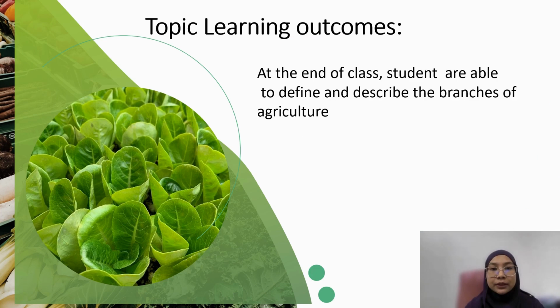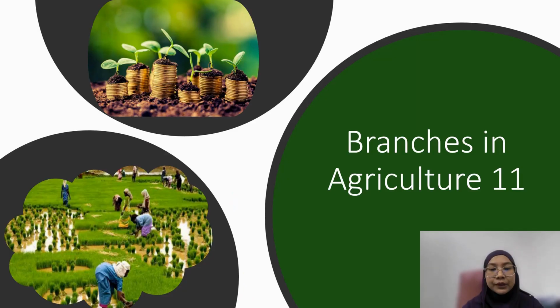So for this topic learning outcome, at the end of the class, students are able to define and describe the branches of agriculture 2. In the previous module 2B, you already learned about branches in agriculture 1, and now we go further for the branches in agriculture 2.